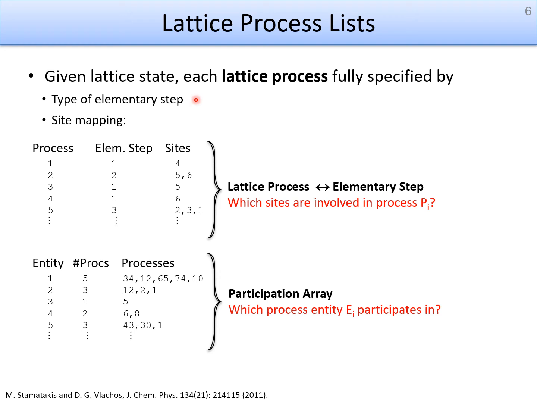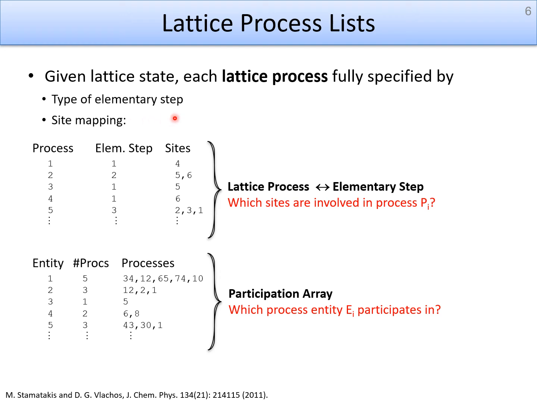That's the type of the elementary step, and we need some more information, the site mapping. The site mapping basically says that the first site of the pattern maps to the 23rd site of the lattice, the second site of the pattern maps to the 24th site of the lattice, for instance.